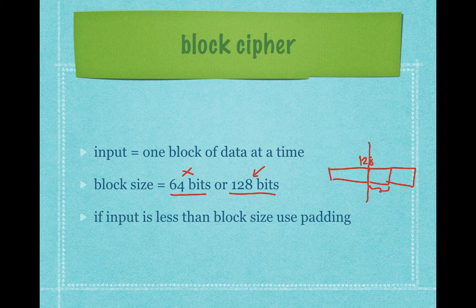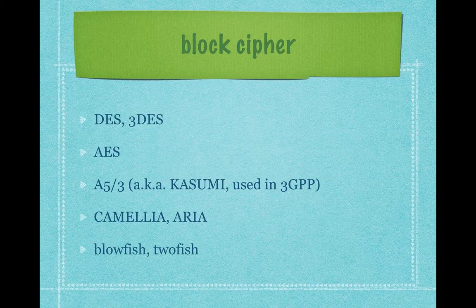The next thing we want to see is what are some examples of block ciphers. There are lots of block ciphers. There is something called Data Encryption Standard, DES. There is a variation of this called Triple Data Encryption Standard, 3DES.